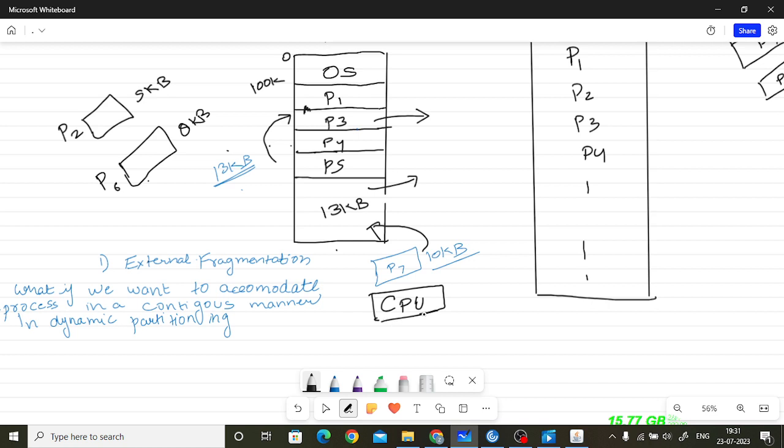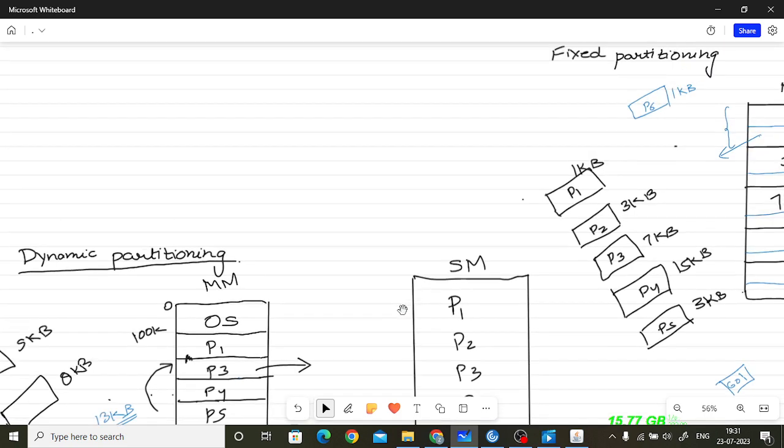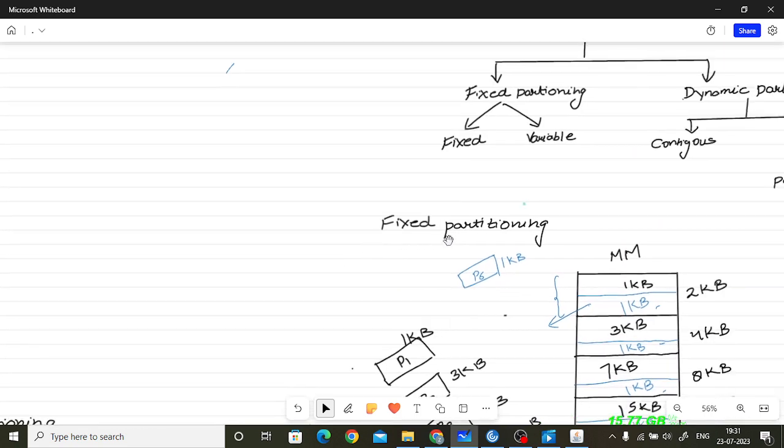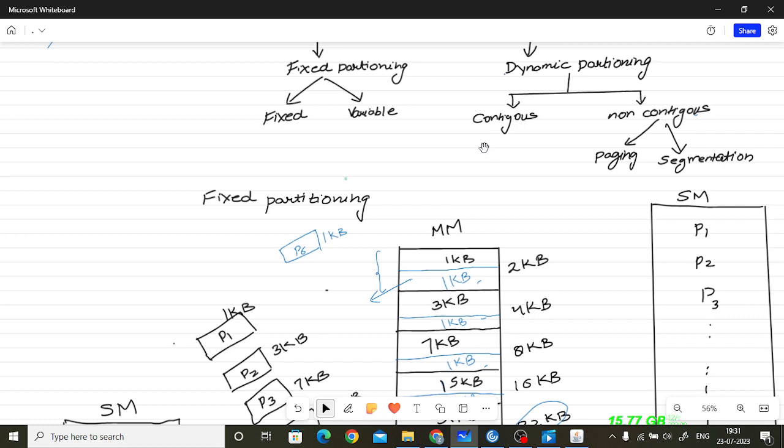So in that manner our CPU time will be wasted in order to copy processes from one part of a memory to another part, in order to accumulate the total amount of free space at one place. Okay, so this is the concept of dynamic partitioning using the contiguous method.